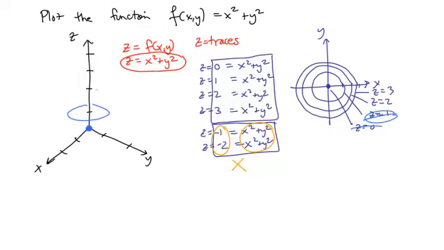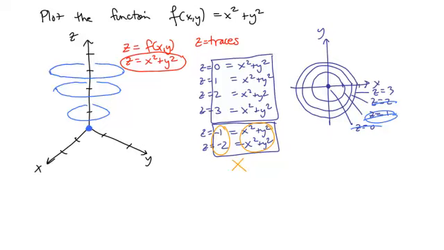Now at height 2, I'm supposed to draw a circle of radius root 2, so 1.4. So there's 1.4 units on either side, and I will attempt to draw that circle as best I can in perspective. At height 3, we had a circle of radius 1.7, so it'll be a little longer yet again on both sides.